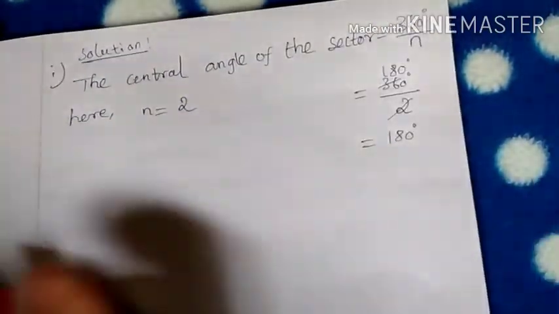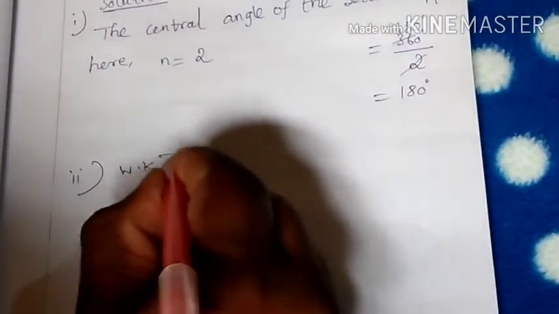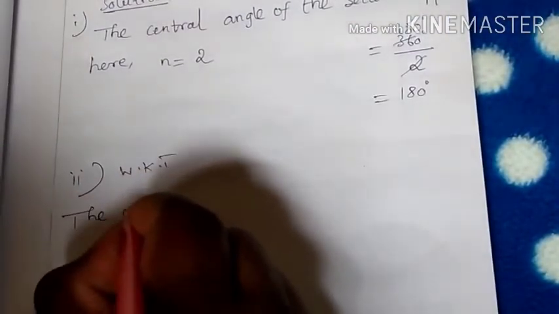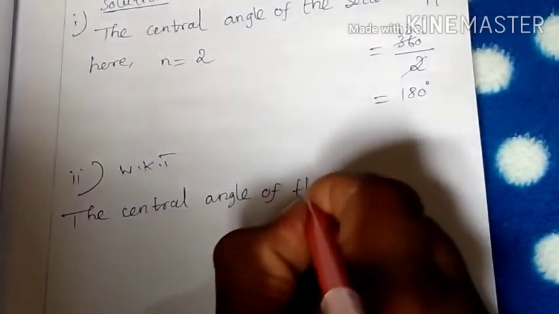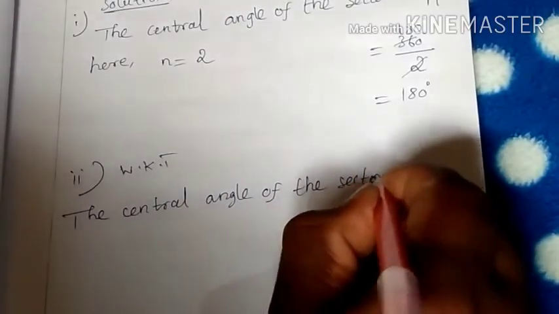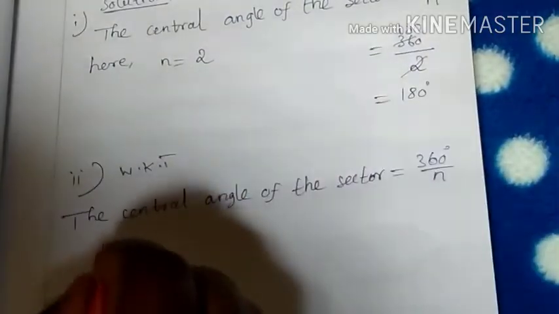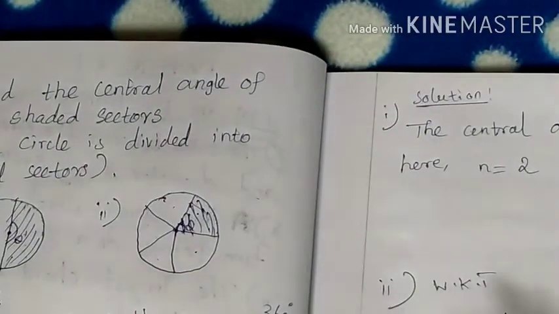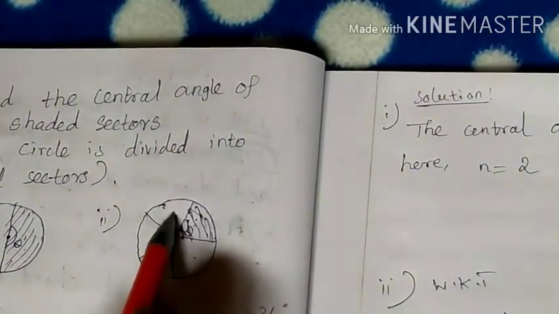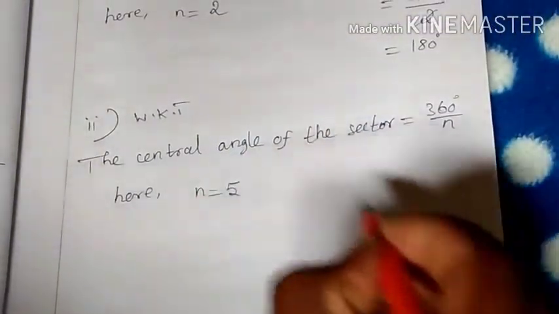Okay, that's all. Then the second question, we know that the central angle of the given sector is equal to 360 divided by n. So here n is equal to, so number of sectors here 1, 2, 3, 4, 5. Okay, 5. Number of sectors is 5. So n is equal to 5.